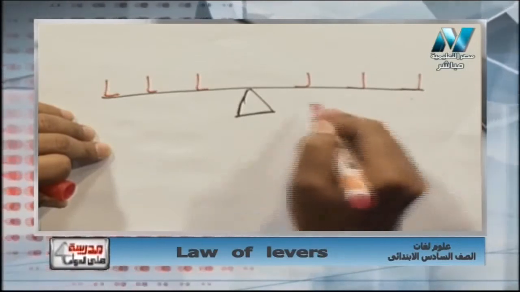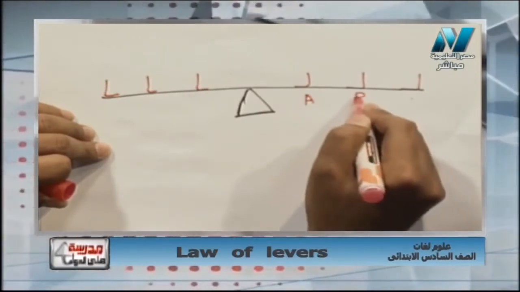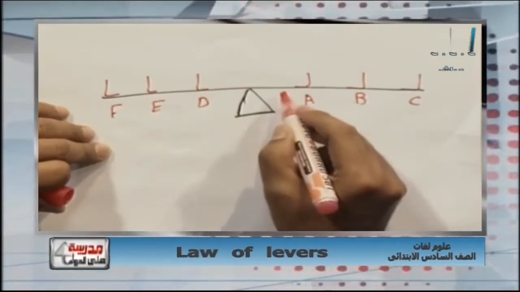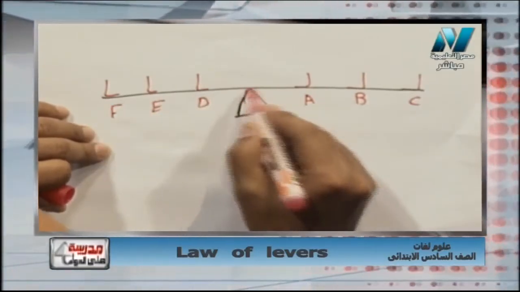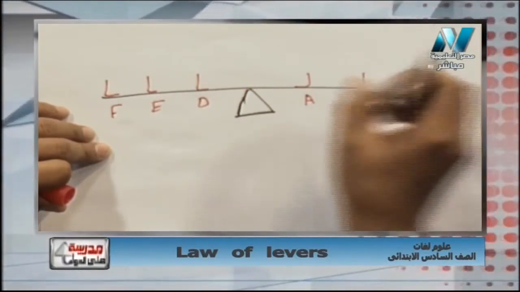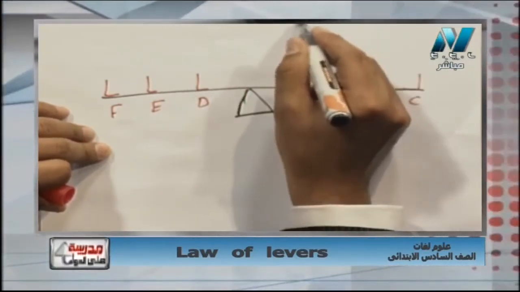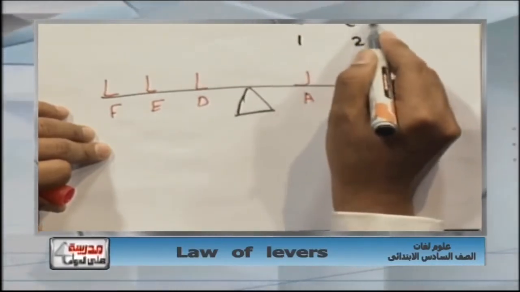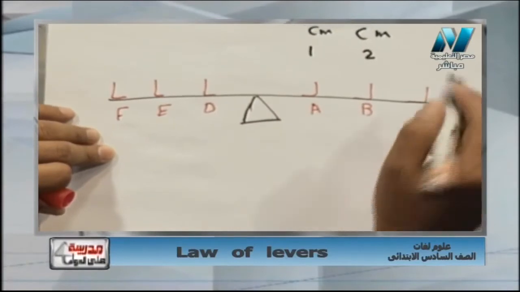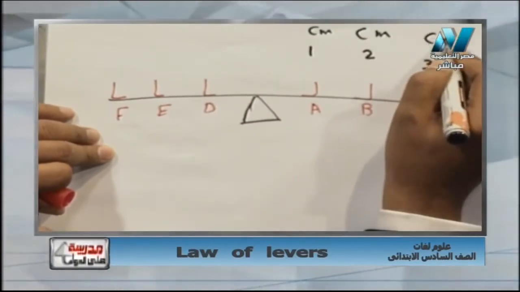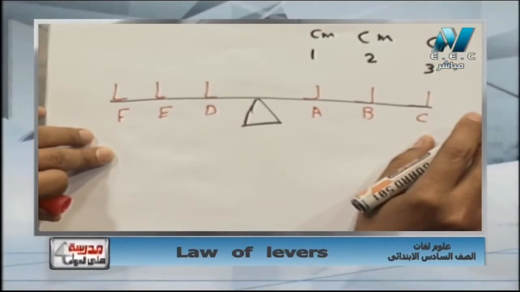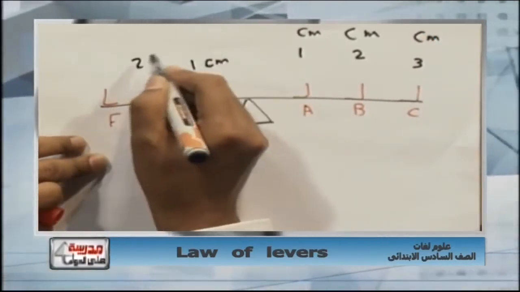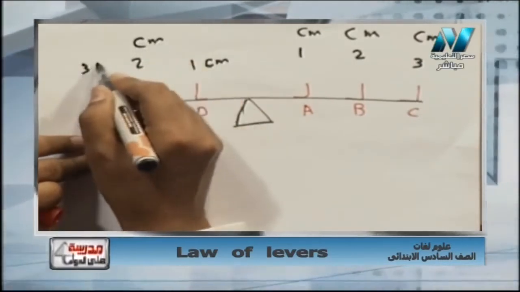These are A, B, C, D, E, F. The distance between the fulcrum and the first one is 1 centimeter, the distance between the fulcrum and the second is 2 centimeters, and the third one is 3 centimeters. Here is also 1 centimeter, 2 centimeters, and 3 centimeters.